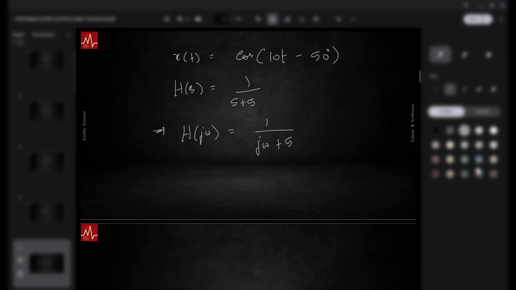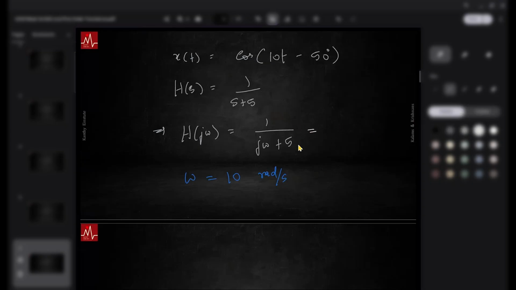Notice omega equals 10 per second, and the phase is minus 50 degrees. That is fine. Now let's also write y(t) as an amplitude and phase value.